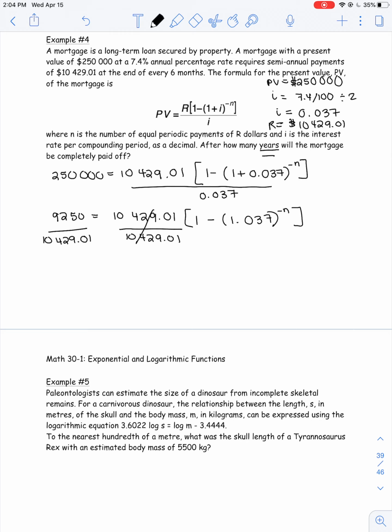So 9250 divided by 10,429.01, and you should get 0.886949. So I'm going to keep a few decimal places there for more accuracy.